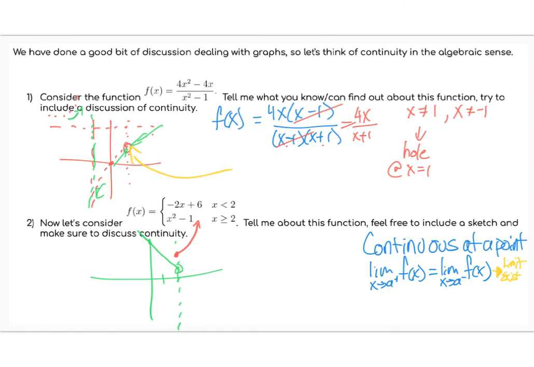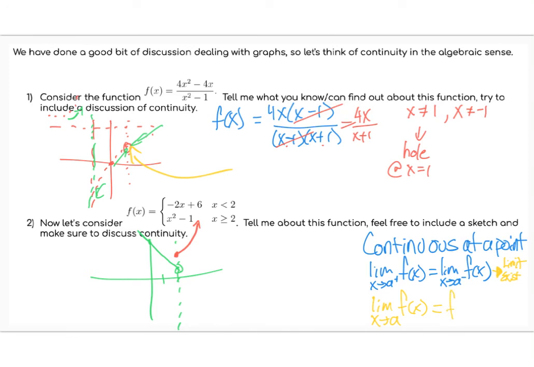So not only does the limit need to exist, the limit as x approaches a of f of x must also equal the value of the function at that point.